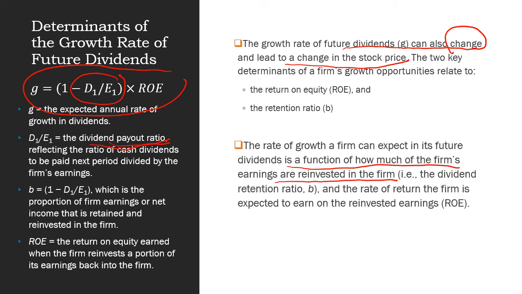So the amount of the earnings that is to be reinvested in the firm means the proportion of firm earnings that is retained and reinvested in the firm.